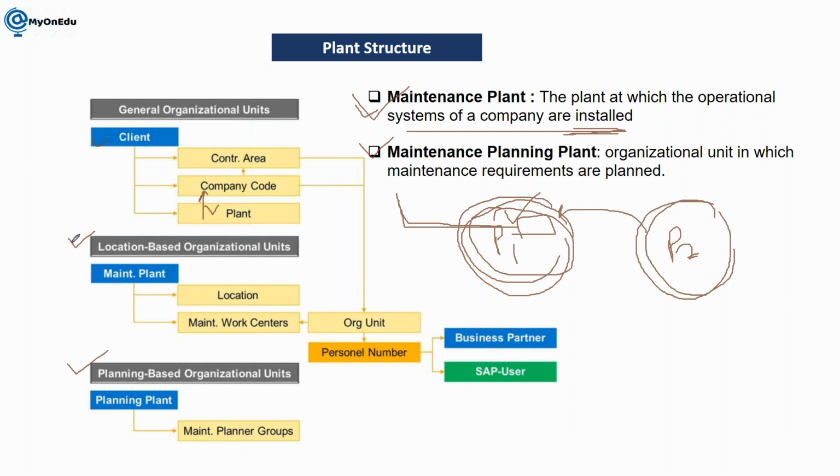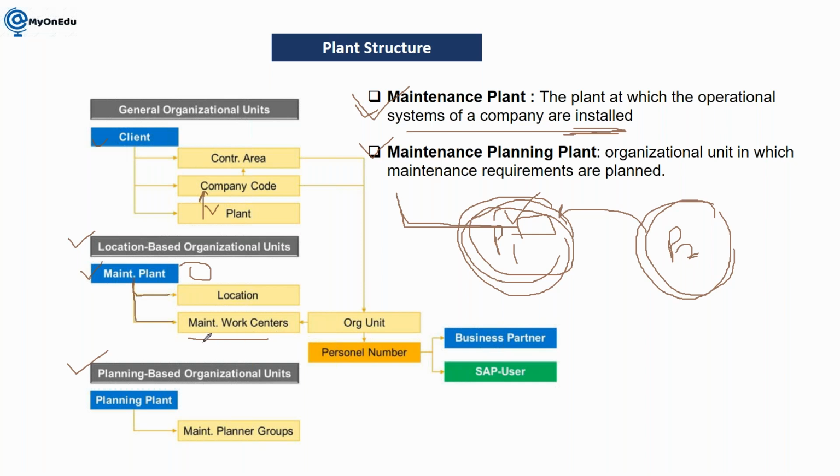As per the location-based organization unit, first you can consider the maintenance plant, which has the next level of org structure, like location, and then you can create a maintenance work center where exactly the work will be carried out. In the maintenance plant you have some equipment, because as per the definition of maintenance plant, it is where my equipment is installed. To perform the activity, we need the maintenance work center where all my resources will be assigned.